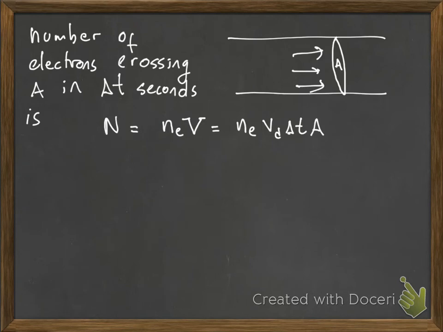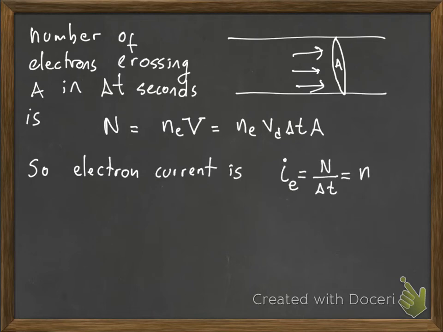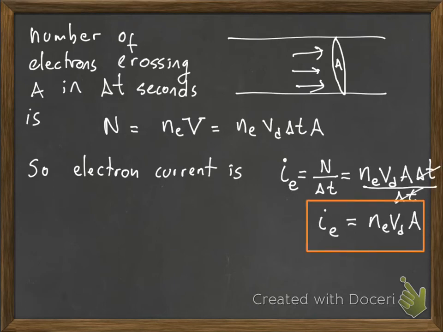Now, we just said that the total number of electrons that are going to cross that area A in an amount of time delta t will be the electron density, n sub e, times Vd times delta t times A. So from here, we can easily get what is called the electron current. That is the number of electrons per second that are going to be crossing that area A. So the electron current, lowercase i, is equal to the total number of electrons N that we figured out divided by delta t.